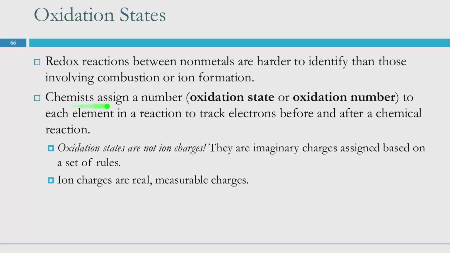So we assign a number, an oxidation state or an oxidation number, to each of the elements in a reaction. This tracks electrons before and after a chemical reaction. And we've got some rules for how we do this. Please note that the oxidation states are not ion charges. Oftentimes they will coincide with ion charges, but they're not the same as ion charges.